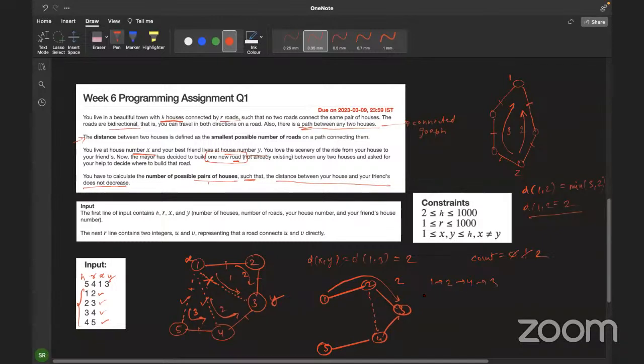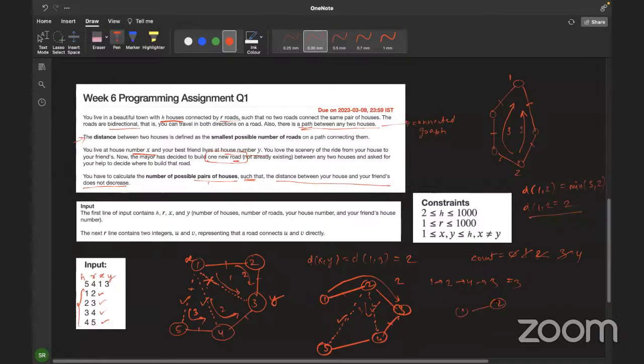This could be another path from 1 to 3. And the number of roads that we're traveling is 1, 2, 3. 3, right? So the minimum is still 2. So we can connect this road, right? This is incremented. If we connect 2 and 5, we'll see that, yeah, we can build this road, right?